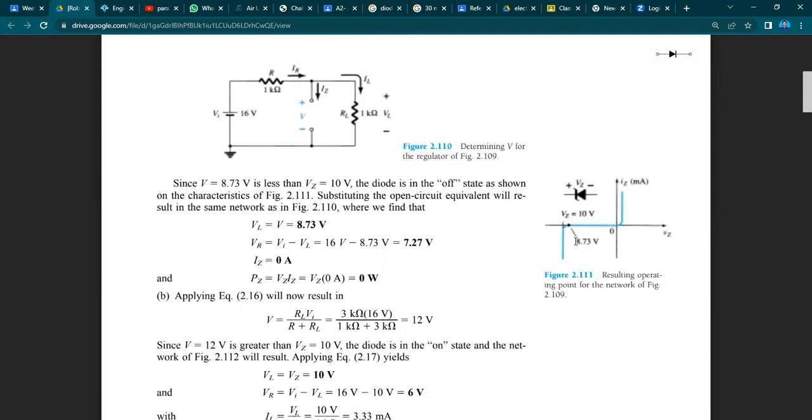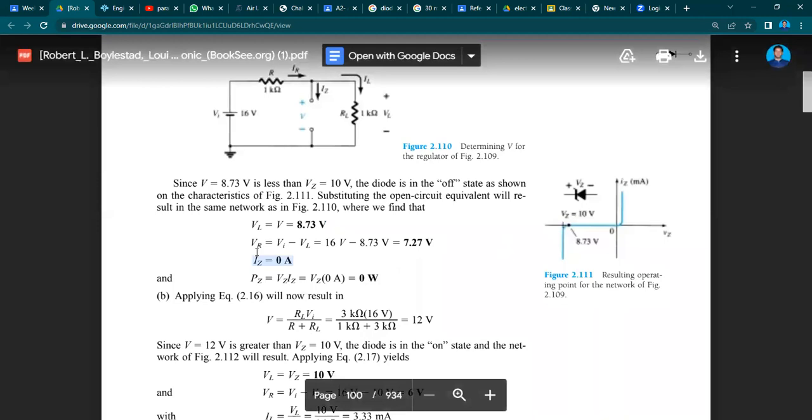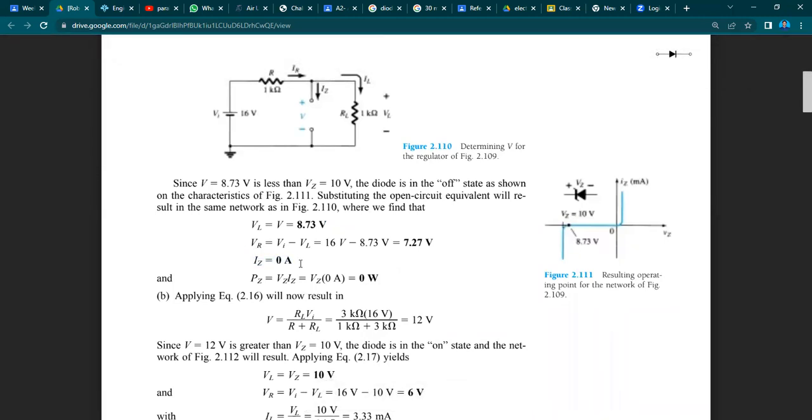It means that the Zener diode is still off and behaves as an open circuit. The current passing through the Zener diode is IZ equals 0 ampere, and by using the formula of power, PZ equals VZ times IZ, it gives us 0 watt.